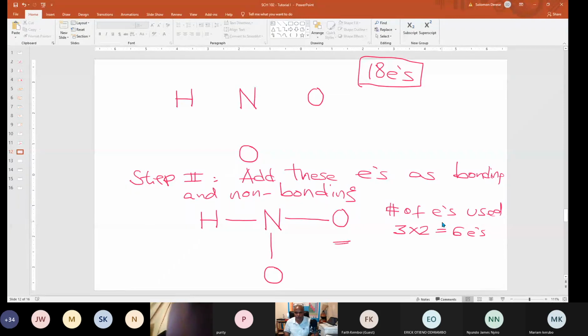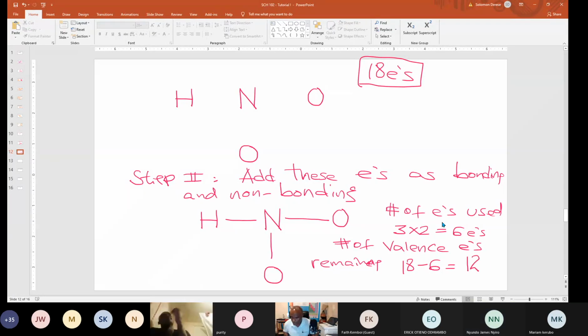The number of valence electrons remaining is 18 minus 6, which is 12 electrons. We have 12 electrons remaining.